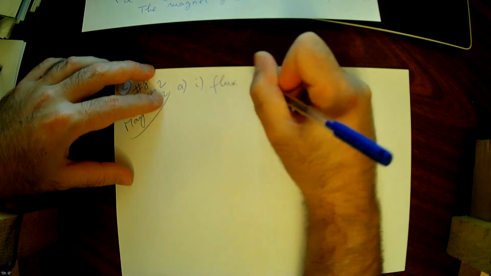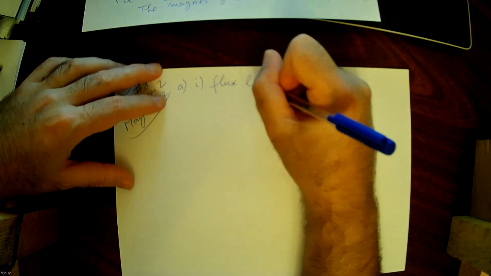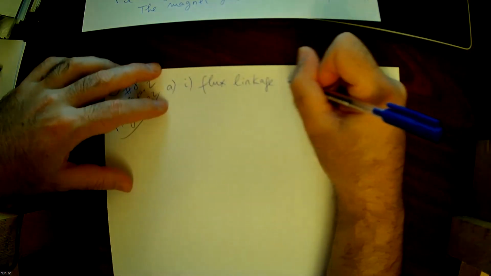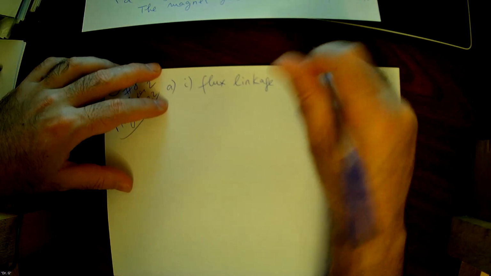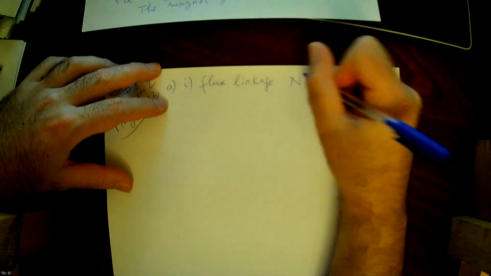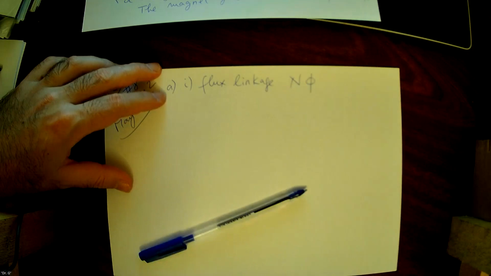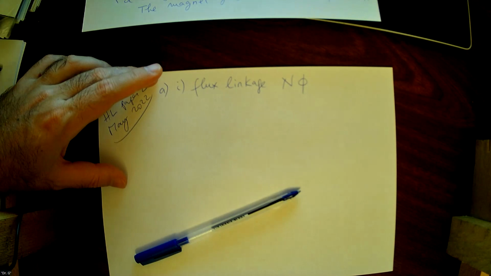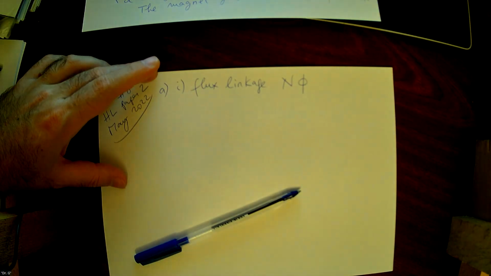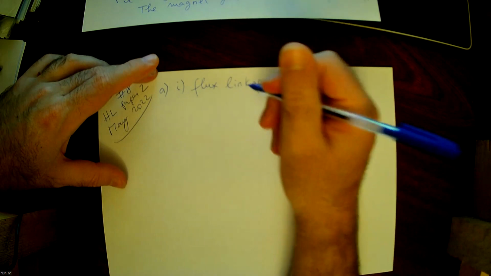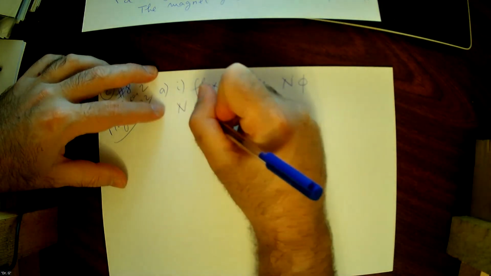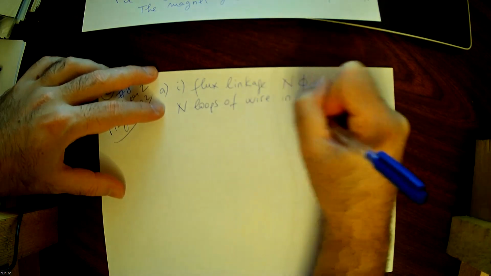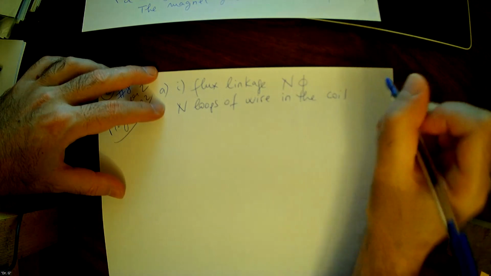Flux linked with the coil, flux linkage is N times the magnetic flux in one coil, one loop of wire. Okay, N loops of wire in the coil. Okay.